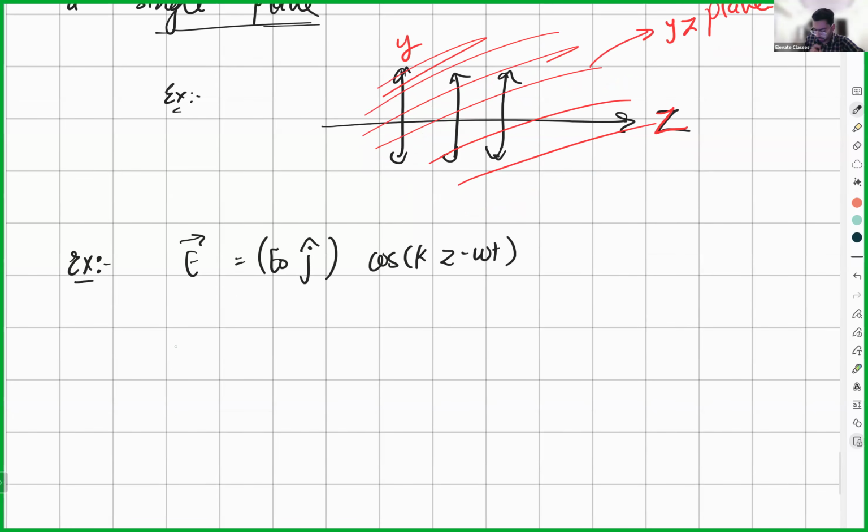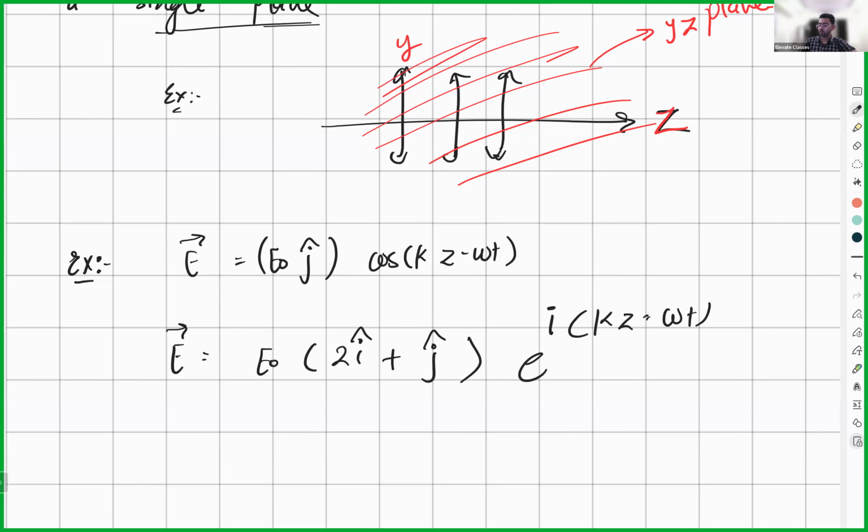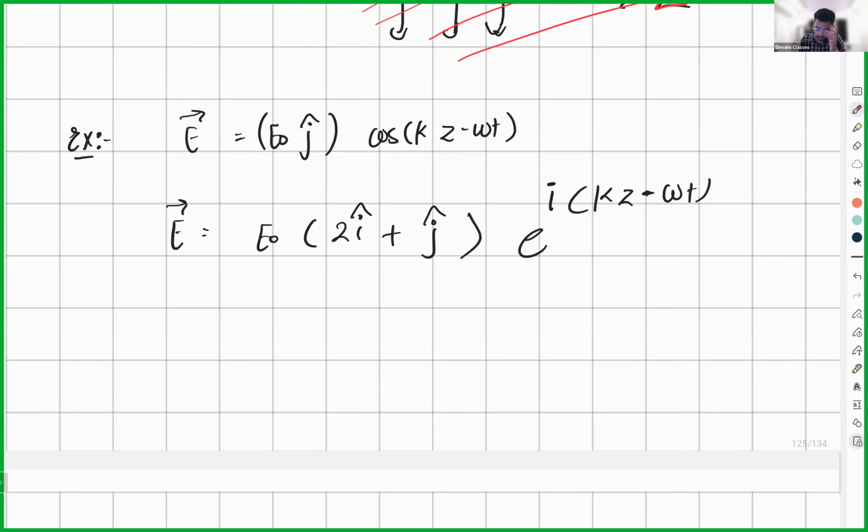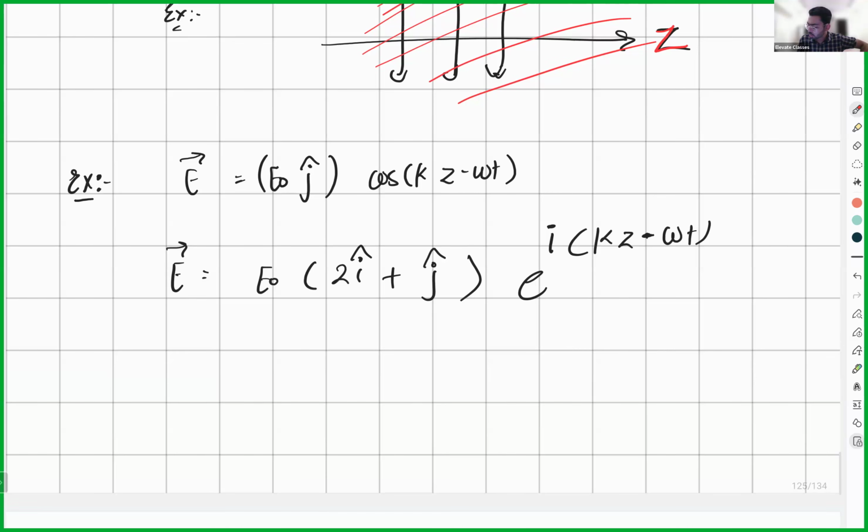We can have another example where you have E naught 2 I cap plus J cap cos of, or let us say now I write exponential kz minus omega t. Now, some student might confuse whether I have written a plane polarized light or not. So it is still a plane polarized light. The oscillations still lie along a single plane because this vector represents a single line.